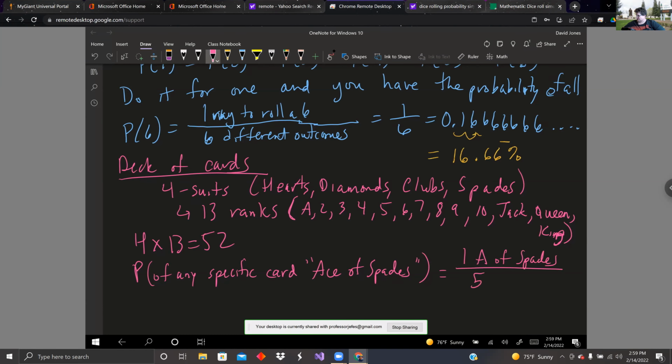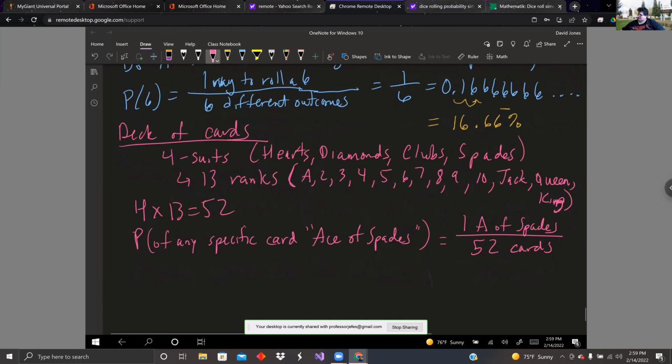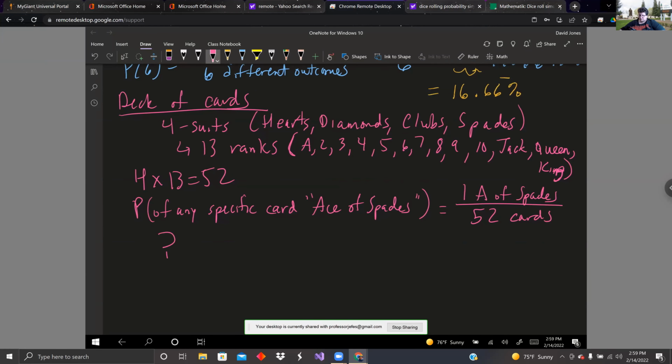There are 52 cards. And 1 divided by 52 is 0.019230769.